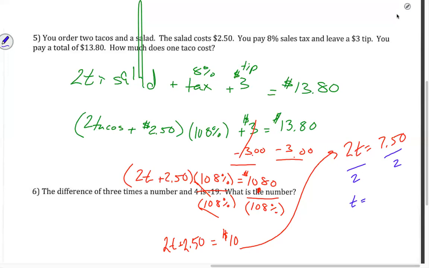Can you hear me? Yeah, I can now. What is 7.50 divided by 2? 3.50. Not 3.50, a little bit more. 3.75. Better be a really good taco.